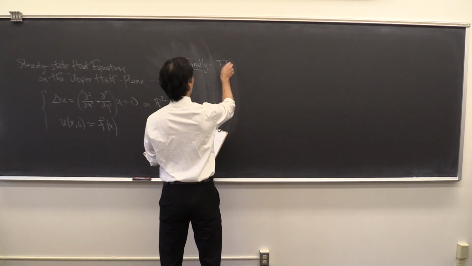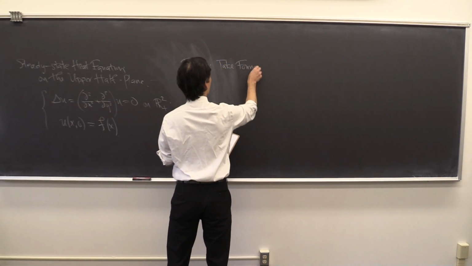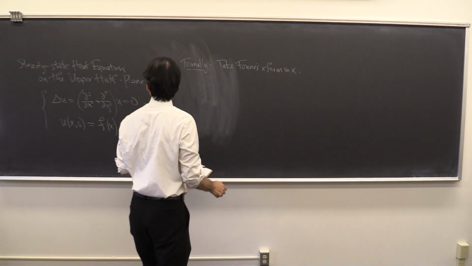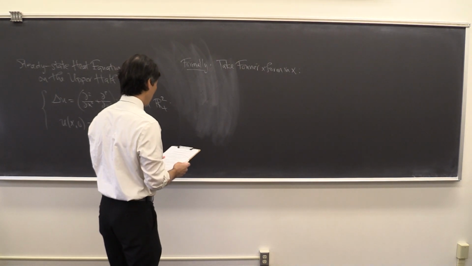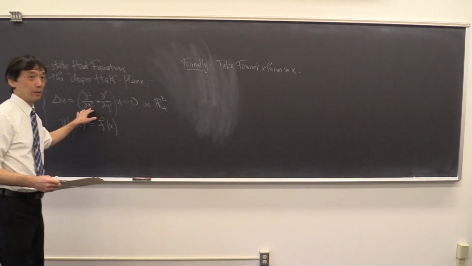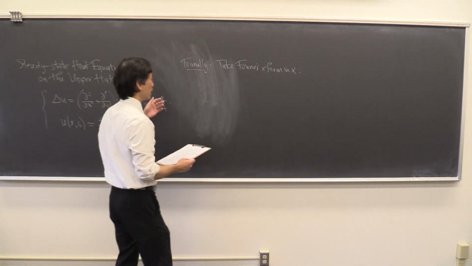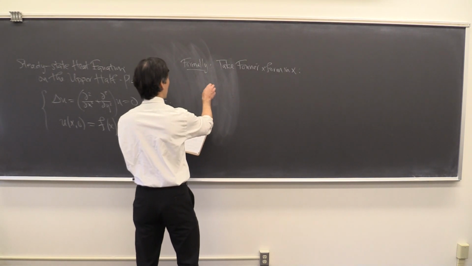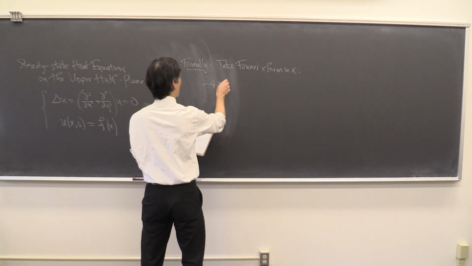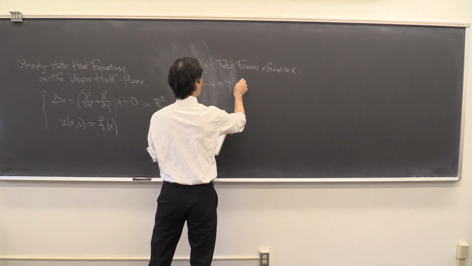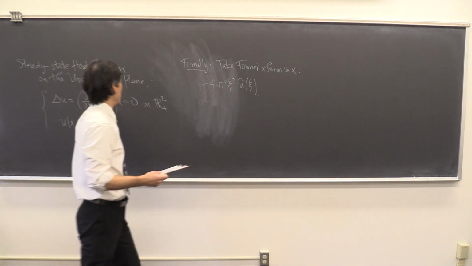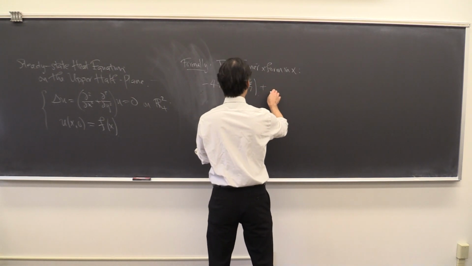So take the Fourier transform in the first variable. And you see that, as usual, the derivative turns into multiplication by negative 2 pi i c. So we get 4 pi squared c squared u hat of c out of the first term, and then the second one is not affected by the Fourier transform.